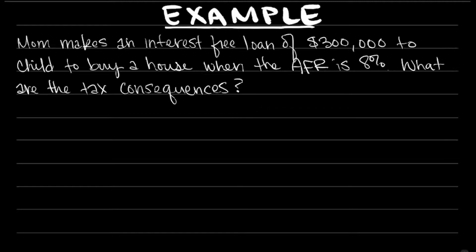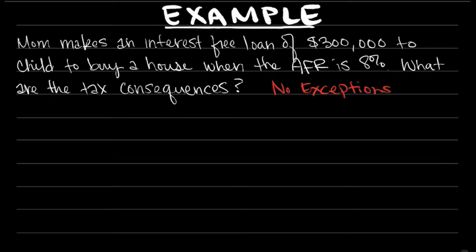No, again, that exception doesn't apply. How about if the borrower's net investment income for the year does not exceed $1,000, no interest is imputed on loans of $100,000 or less. Well, again, we're not dealing with a $100,000 or less loan, so none of the exceptions apply. No exceptions, and therefore we have to calculate the imputed interest.